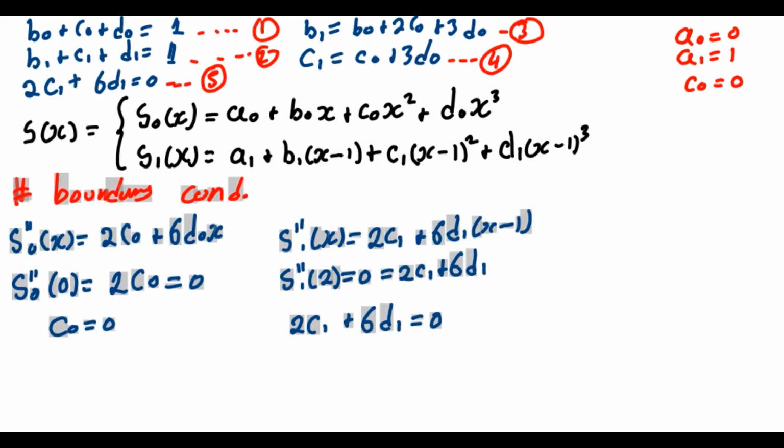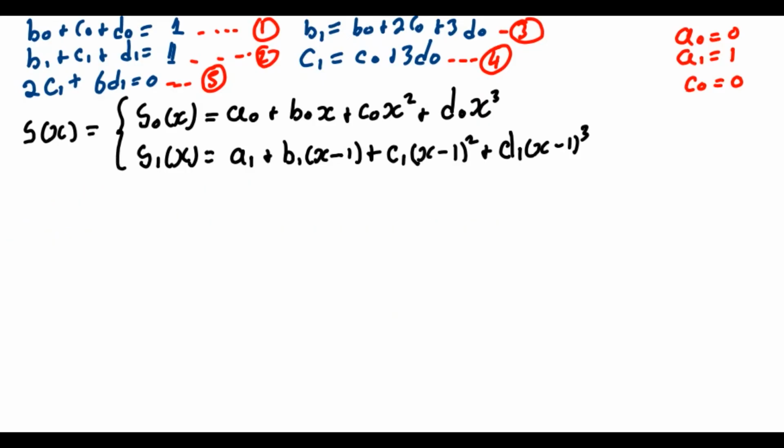So let me just erase this. Now let's start to simplify everything that we have here. Since I found that c naught is equal to 0, I can actually simplify this one.